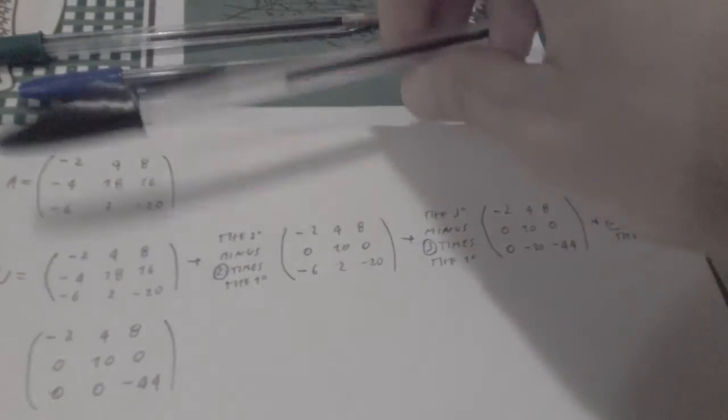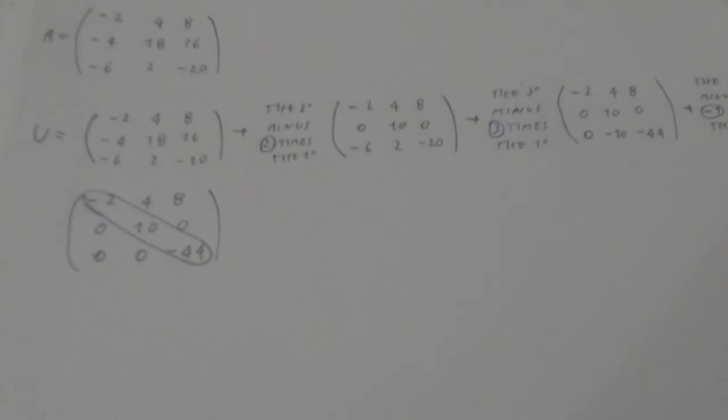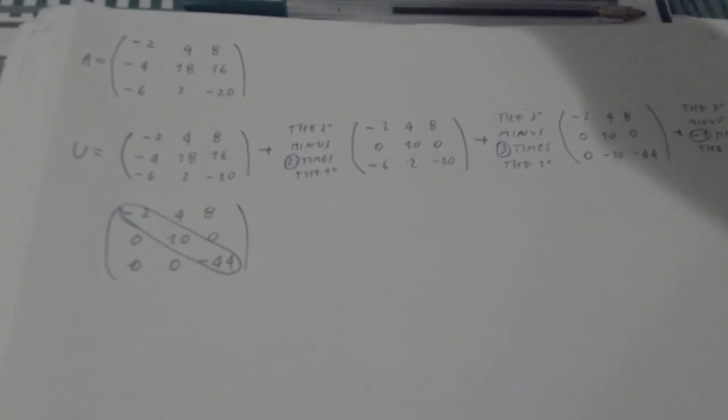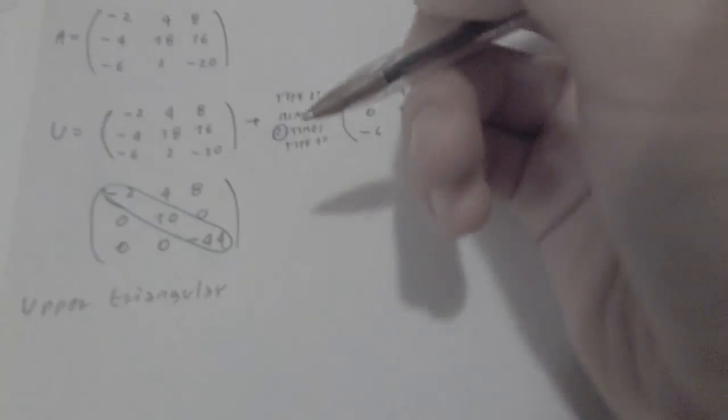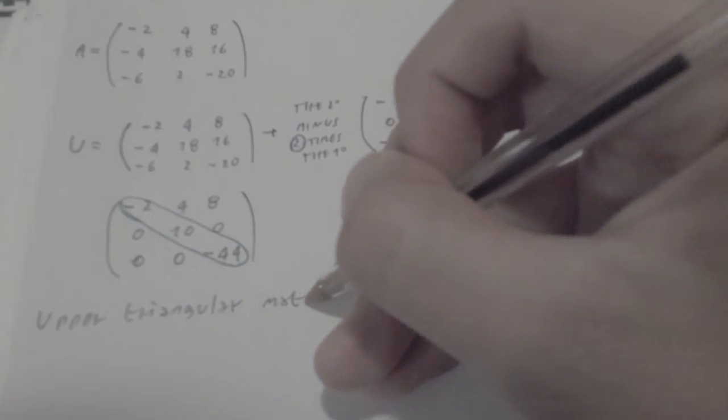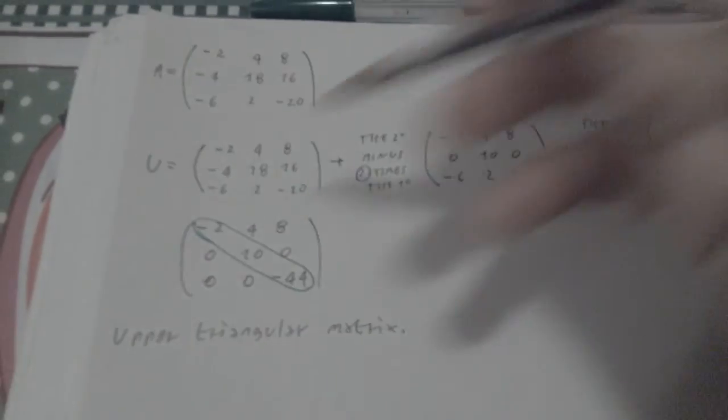So this is going to be our matrix, and it is the main diagonal of our newly found matrix. Now, this is the upper triangular matrix, the one we just found, this one here.